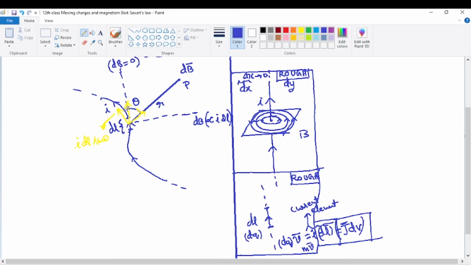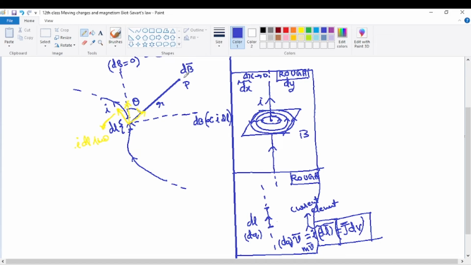But first, the important thing is what we got from this here. The magnetic induction at the point P here is purely due to the perpendicular component of the current element Idl, which is nothing but Idl sin theta, because the point P is lying on the perpendicular bisector of the component Idl sin theta, and it's lying on the axis of the parallel component Idl cos theta.